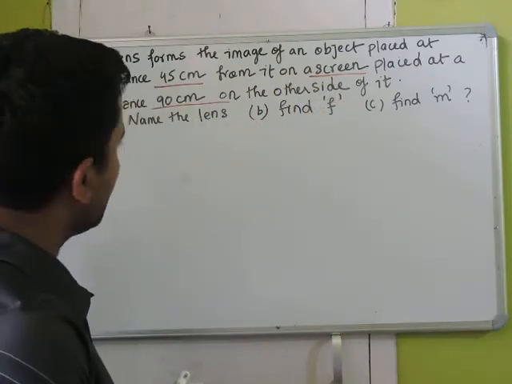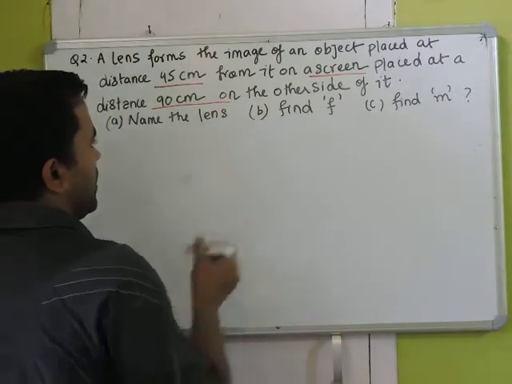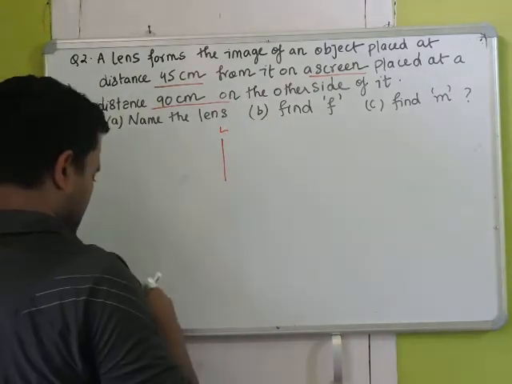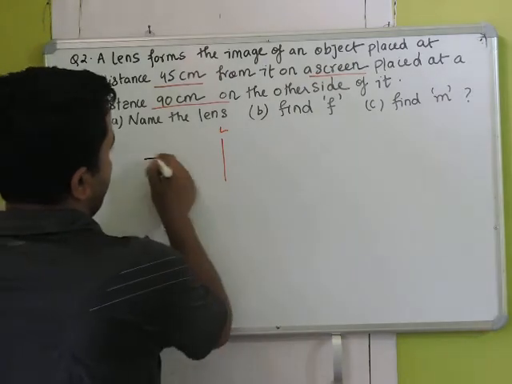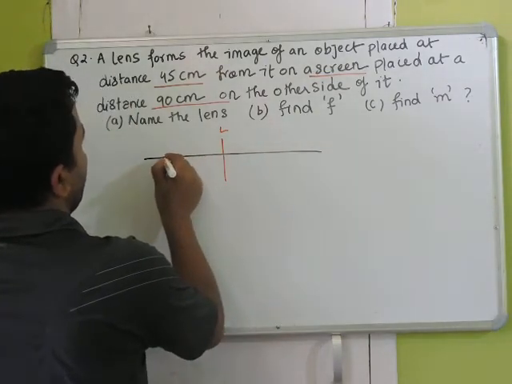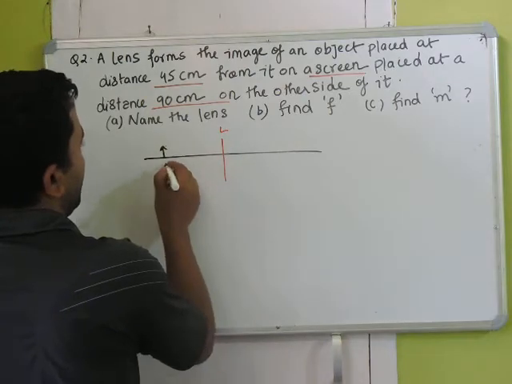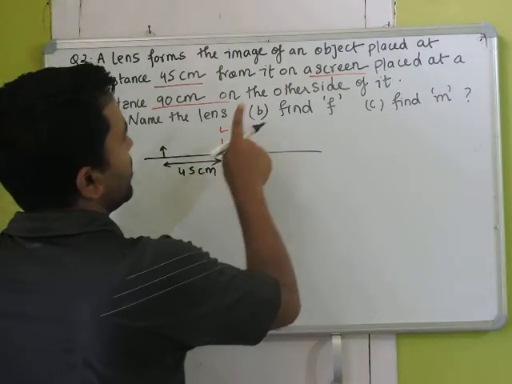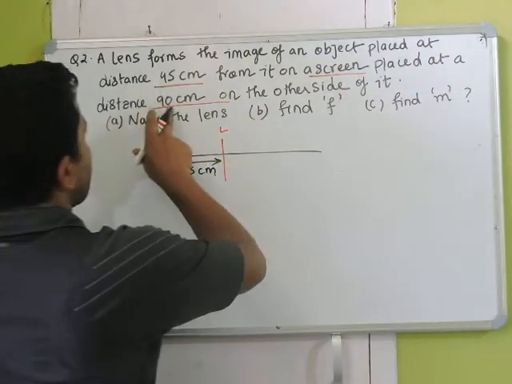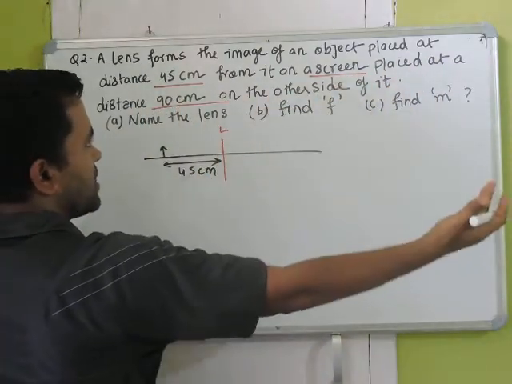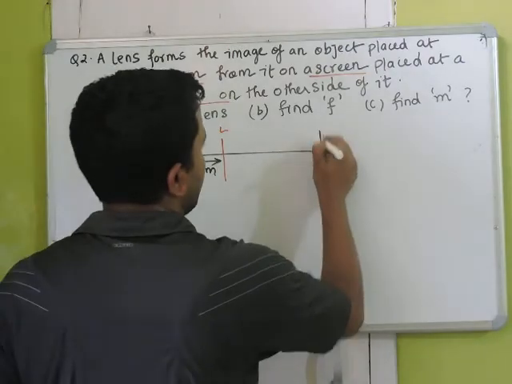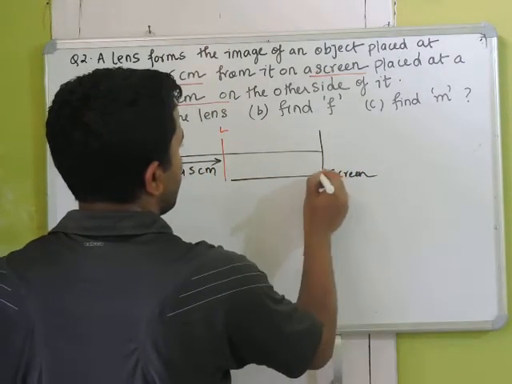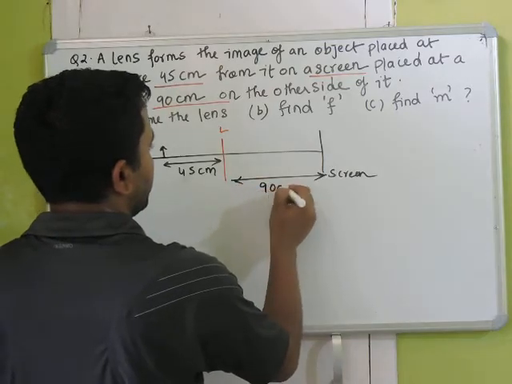So a lens is given, we don't know the kind of lens, and the object is placed here, let us say at 45 centimeter from it, and the image forms on a screen placed at a distance of 90 centimeter on the other side. So this is the screen, and this is given to be 90 centimeter.